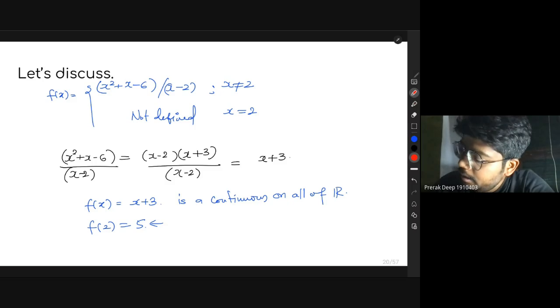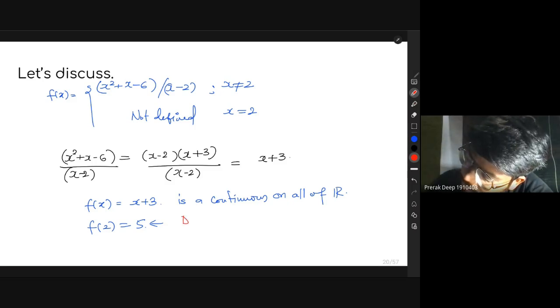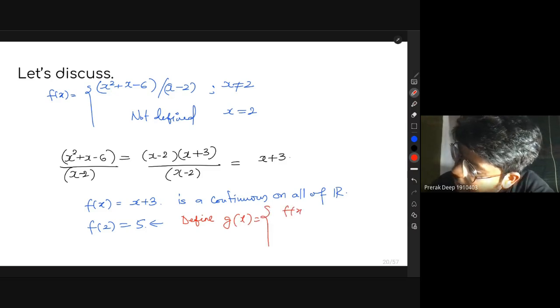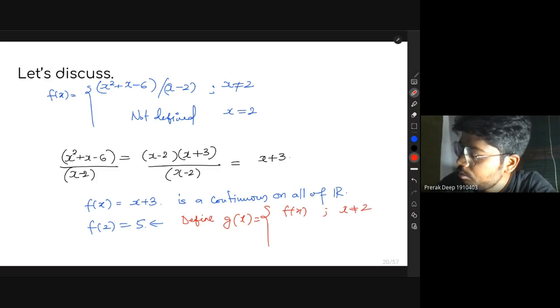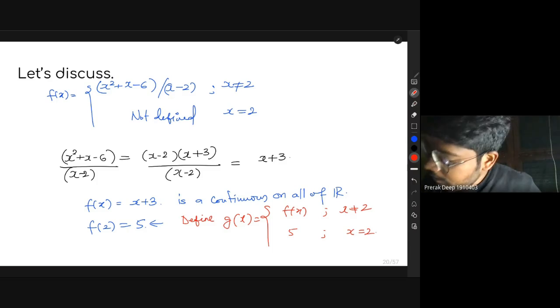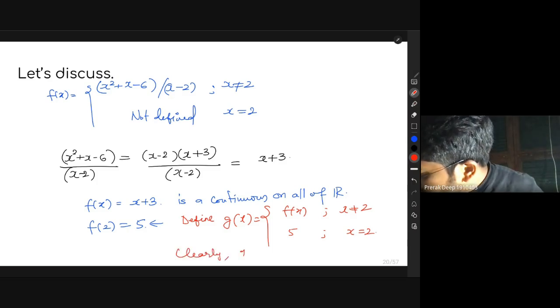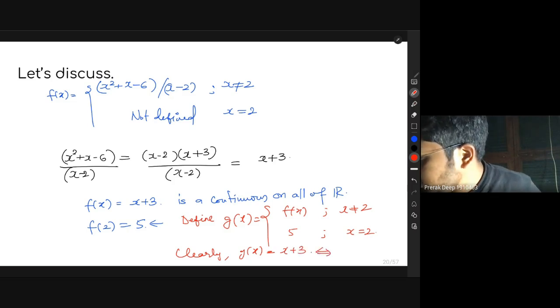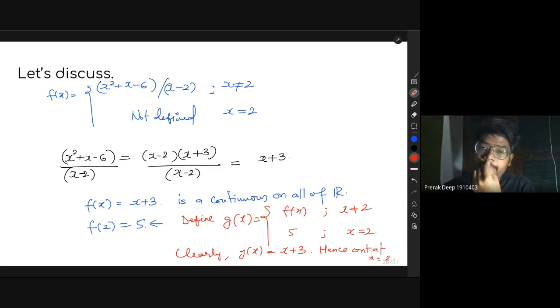I define a new function g of x, which is equal to f of x whenever x is not equal to 2, and you define it to be 5 when x equal to 2. Clearly g of x is nothing but x plus 3, so it is continuous, hence continuous at x equal to 2. So the extension is continuous at x equal to 2.